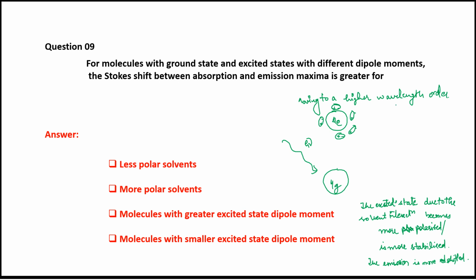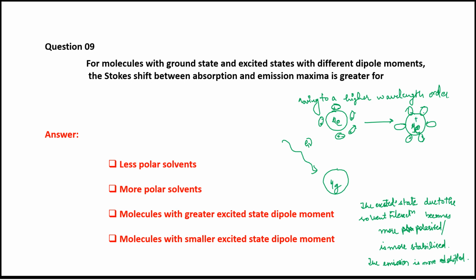What happens as a function of time? It takes some time, but slowly, around this excited state, these dipoles are arranged in an ordered manner like this. Say this side of the dipole is a negative charge, so all these have a positive charge towards it.